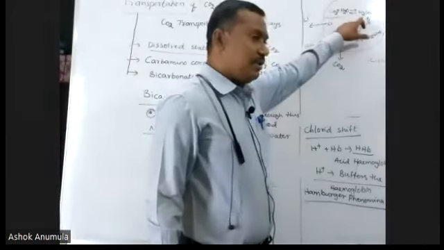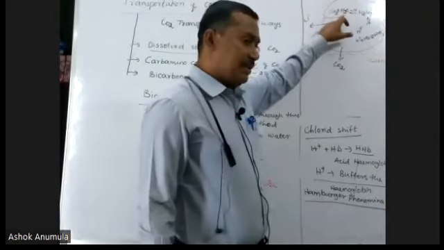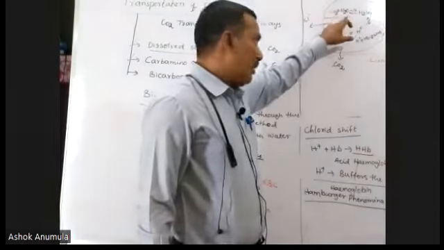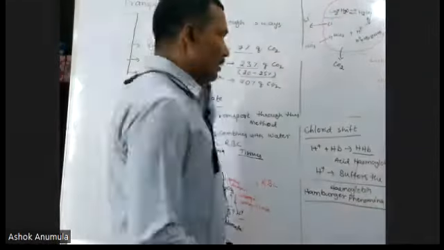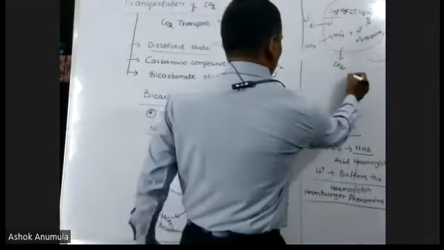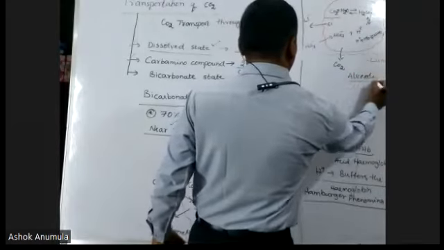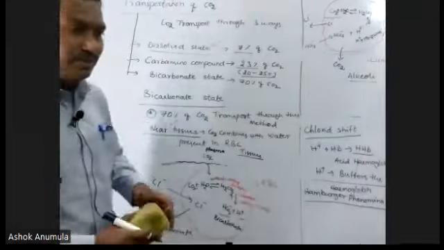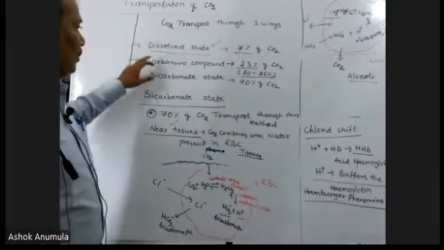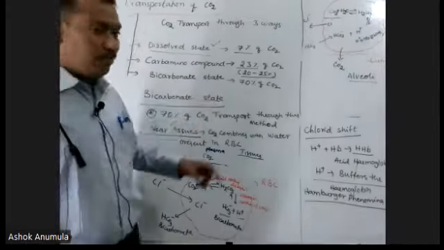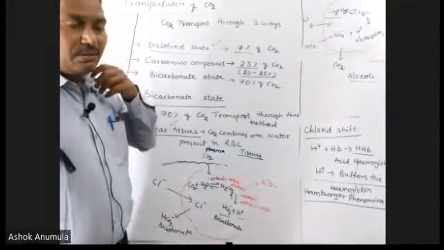The H2CO3 immediately splits into CO2 plus H2O. The CO2 enters into the lungs through the alveoli and comes outside. This is about transportation of carbon dioxide through which state? Bicarbonate state.